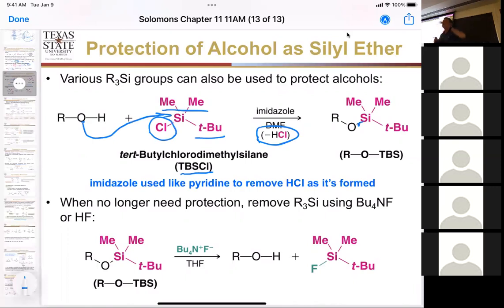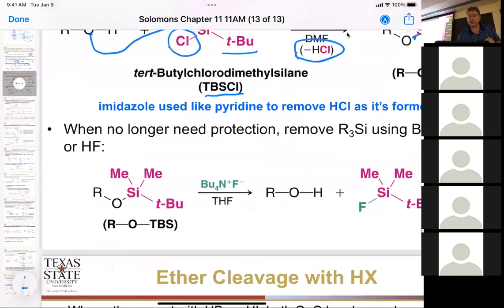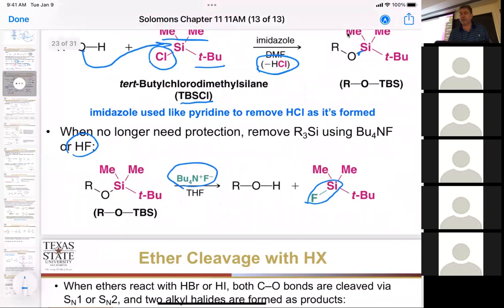Okay. Now, in the other case with the T-butyl, we had to heat it with water and acid to clip it off. Turns out the oxygen-silicon bond is really sensitive to fluoride ion. So all we have to do to break it off is add a little bit of HF or a little bit of a fluoride salt. At room temperature, it just clips that bond and creates a nice strong silicon-fluorine bond and regenerates your alcohol.